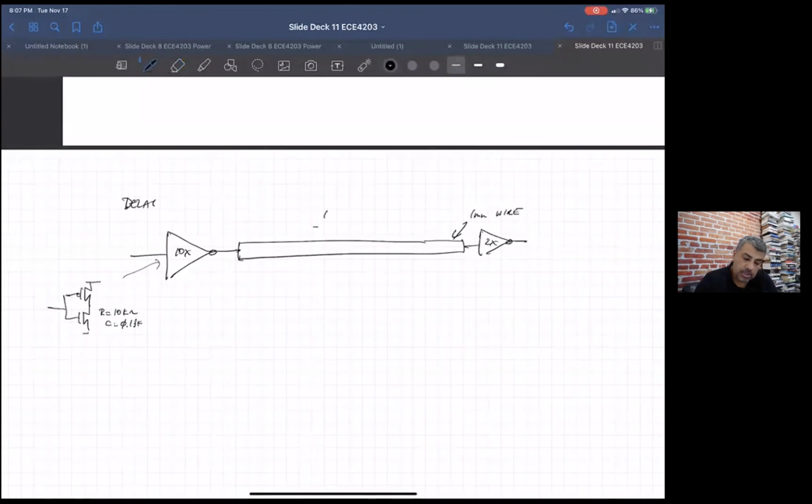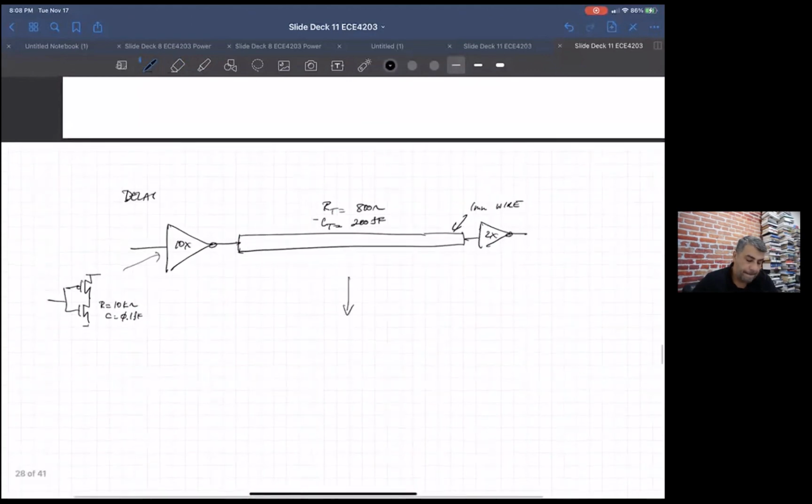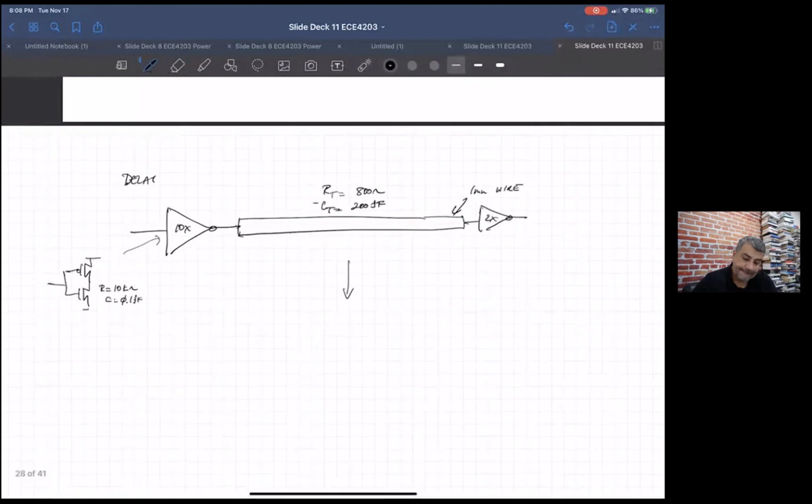So I'm just going to give you the total resistance of this line: 800 ohms. And the total capacitance of this line is 200 femtofarads. So the question is, what is this modeled as?